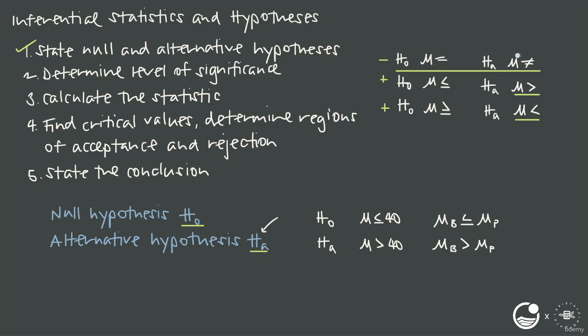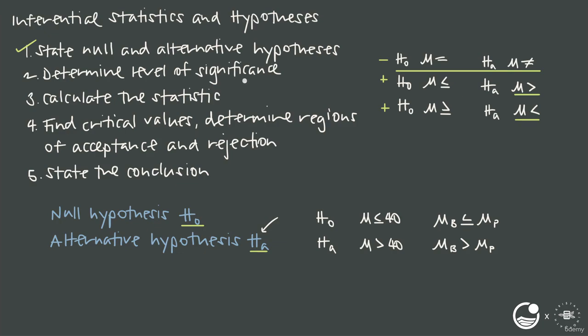We state that as the mean is not equal to some value, greater than some value, or less than some value. Then we make the null hypothesis the opposite statement with the opposite sign, which means that we will end up with either this first pair here of hypothesis statements, this second pair, or this third pair. And once we have our pair of hypothesis statements, we can move on to step 2, which is about determining the level of significance.